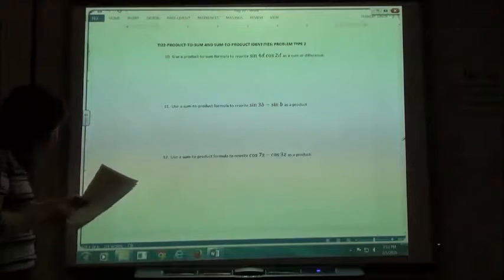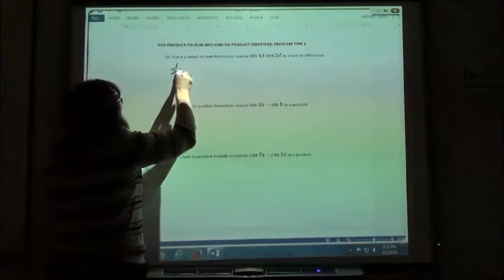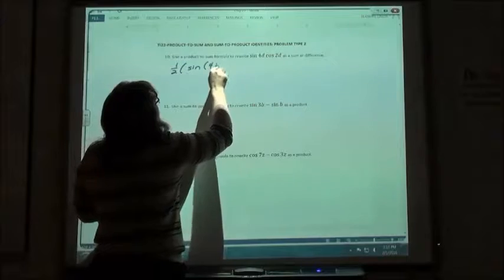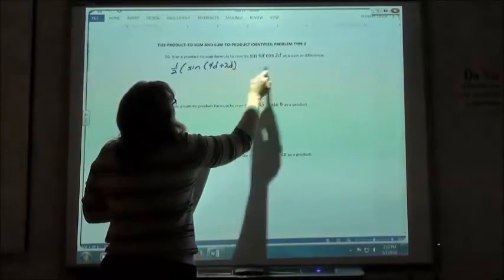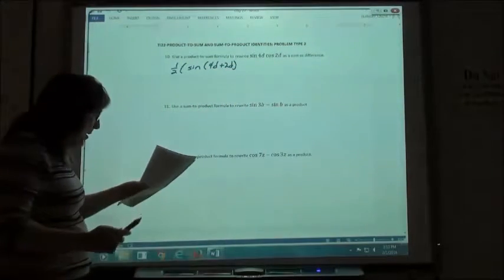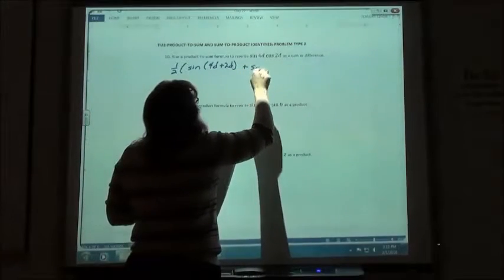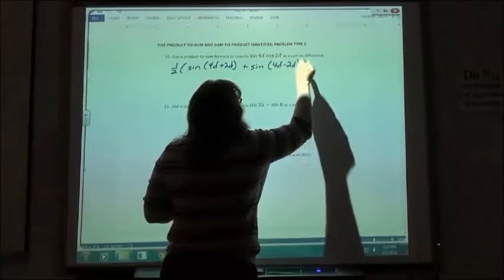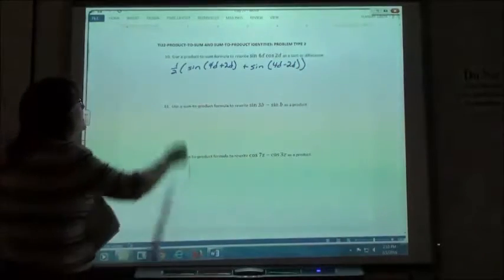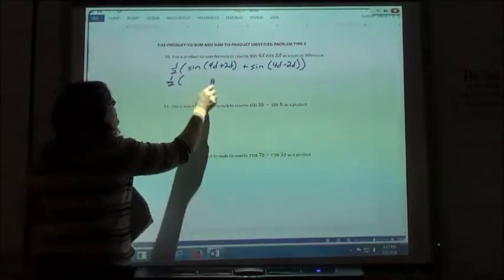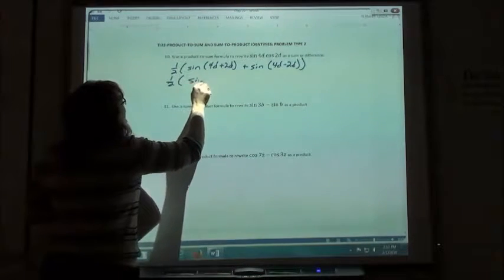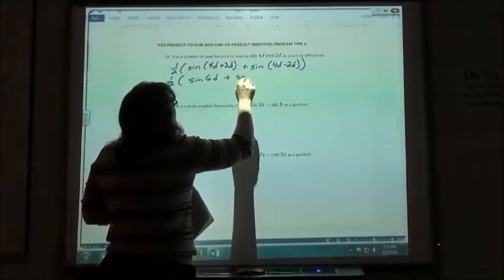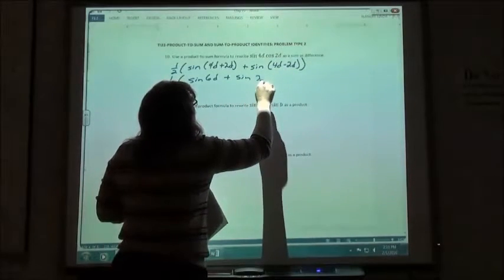If we look up our formula, it's 1/2 the sine of 4D plus 2D, A plus B, plus the sine of 4D minus 2D. And then we're just going to simplify that. So we have 1/2. 4D plus 2D would be 6D, plus the sine 4D minus 2D is 2D.